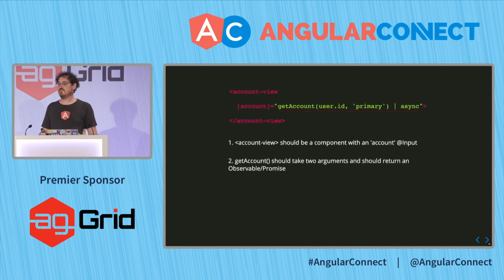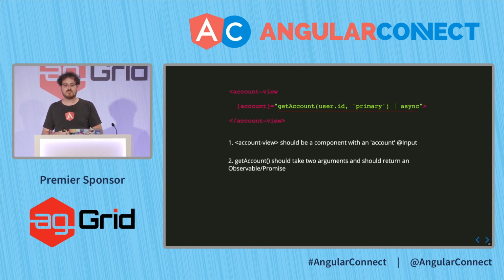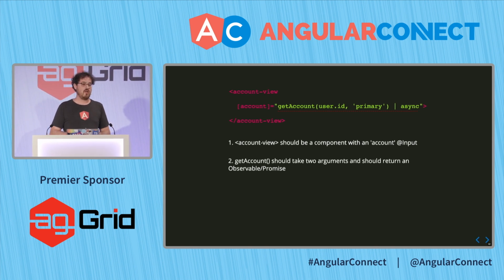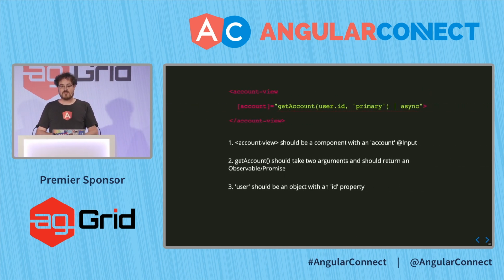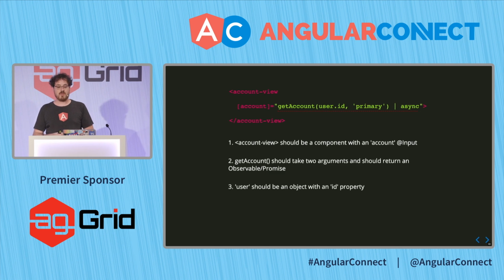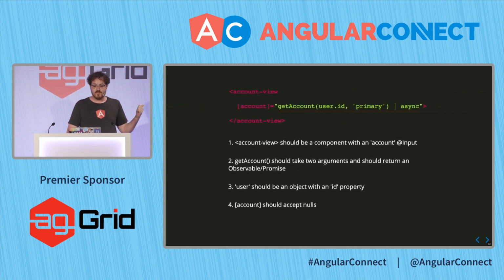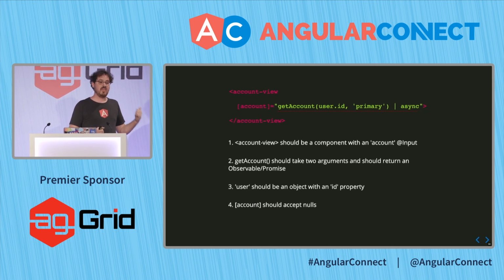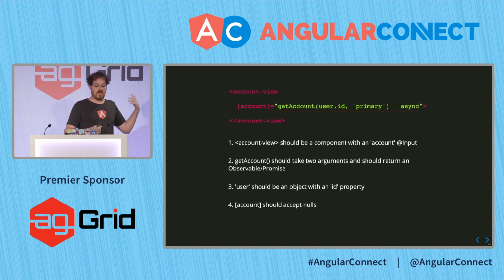The getAccount function not only needs to exist, but it has to take the right parameters of the right types, and it has to return either a promise or observable because we're going to pass it to the async pipe. And whatever this user thing is, it better have an ID property because we're trying to read it. And lastly, you might not realize that the async pipe will actually return null before it gets any actual values. So the account input had better accept null as a possible value.